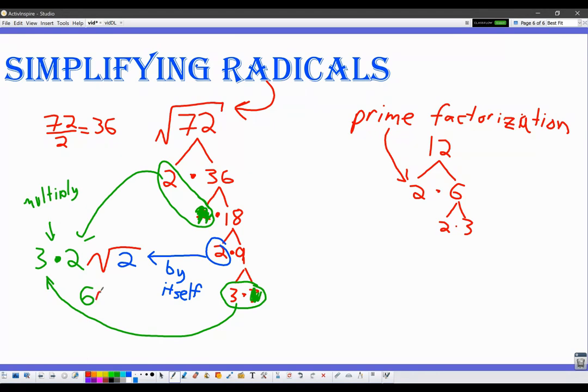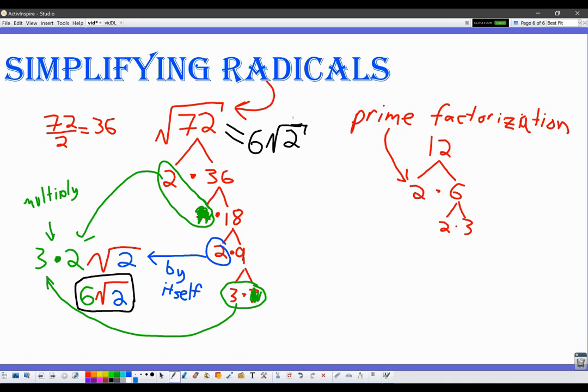And then I have square root of 2. And that, my friends, is how you simplify a radical. So 6 square root of 2 is exactly the same as the square root of 72.